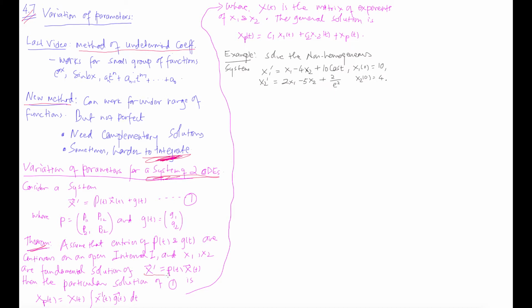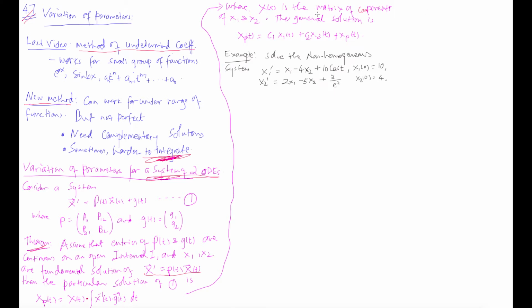Then the particular solution of the non-homogeneous equation, equation 1, can be obtained by x sub p(t) equals X(t) times the integral of X inverse(t), the inverse of X, times g(t). But what is X?